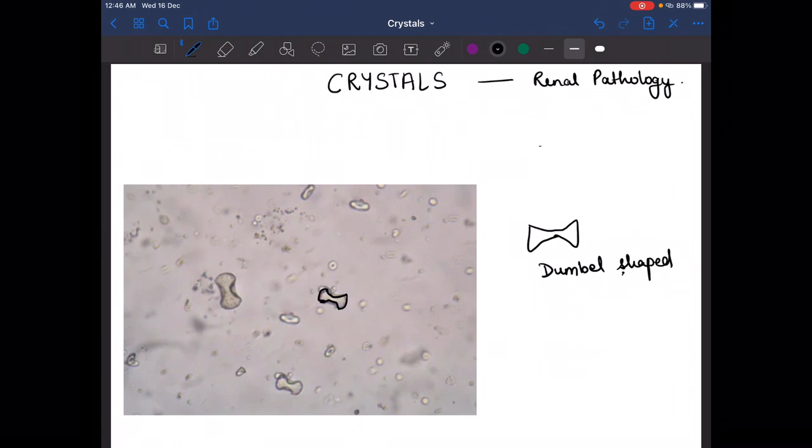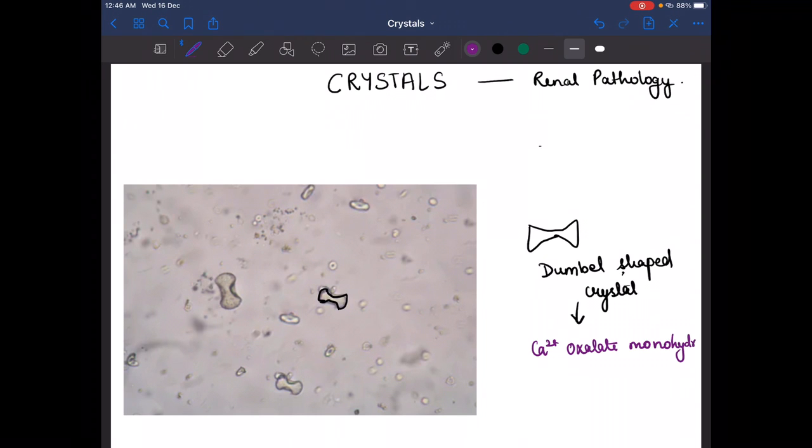And what about its composition? The composition is calcium oxalate monohydrate.